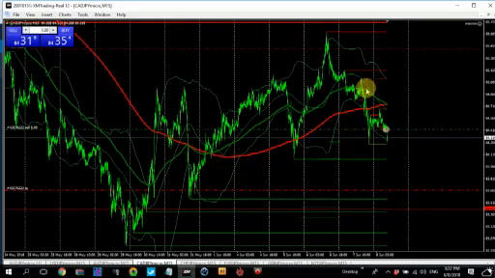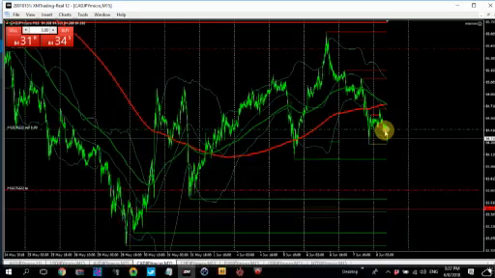It's proof that yes, the trend is going to change, but eventually the moving average crossover happened and we got one position open by our EA.